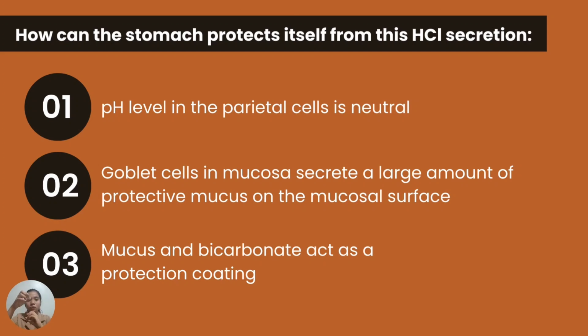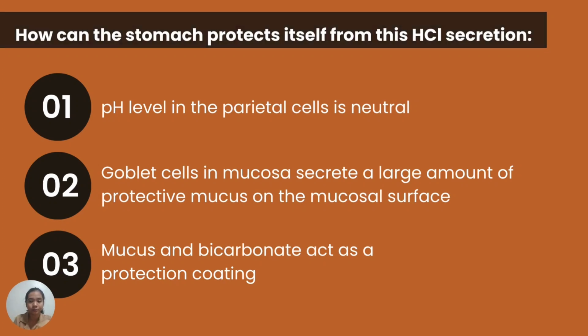That's why the acid inside the stomach will not go out, because there is a protective covering on the surface of the stomach. So mucus and bicarbonates act as a protective coating as they cover the walls of our stomach against hydrochloric acid. That's why it could protect itself without hurting our stomach, even though there is acid inside our stomach.